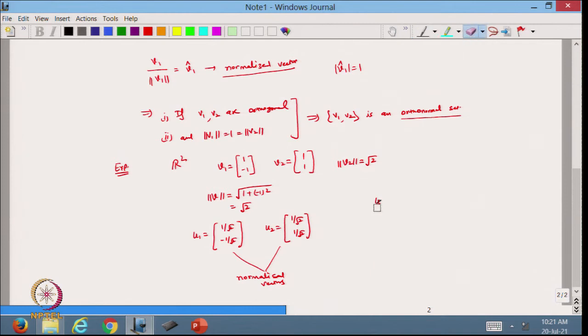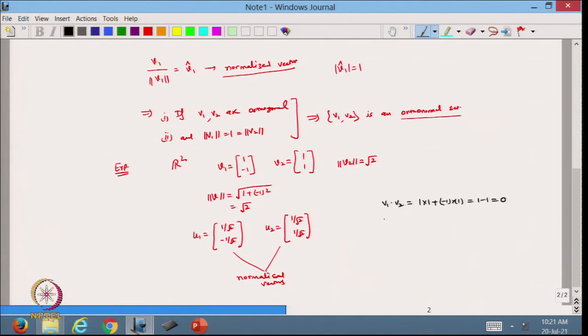Now, what I am going to do is check from here v1 dot v2. We are taking the dot product, and the dot product is component wise. So I will write 1 into 1 plus minus 1 into 1, that is 1 minus 1, which is 0.